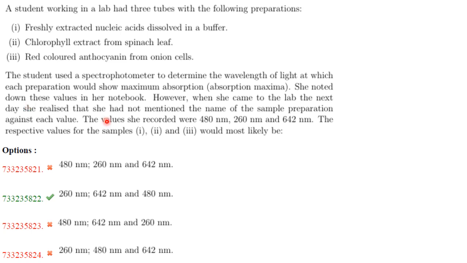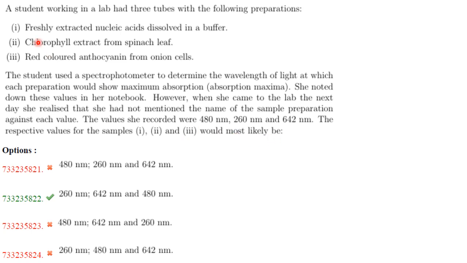She noted down these values in her notebook. However, when she came to the lab the next day, she realized that she had not mentioned the name of the sample preparation against each value. The values she recorded were 480 nanometer, 260 nanometer and 642 nanometer. The respective values for the samples 1, 2 and 3 would most likely be.